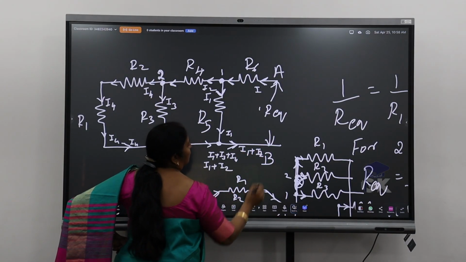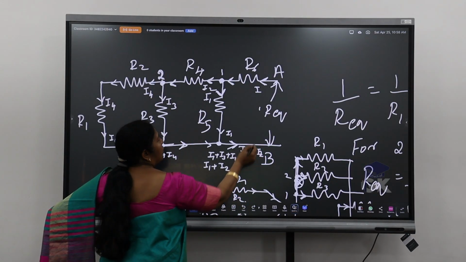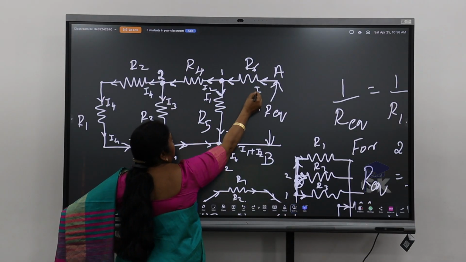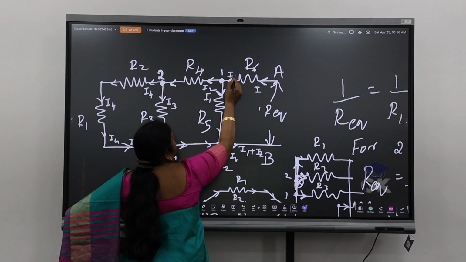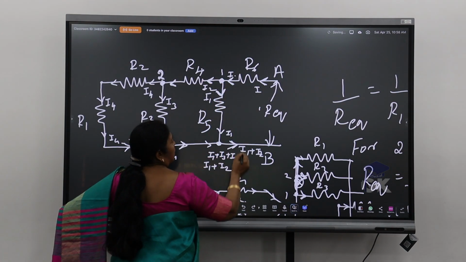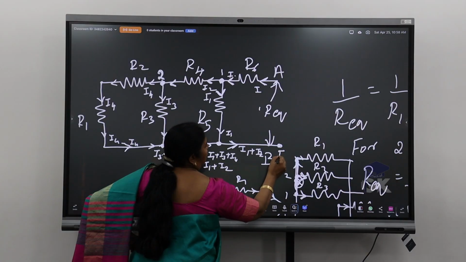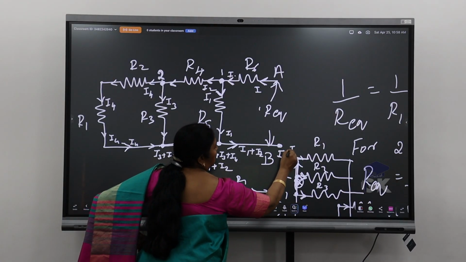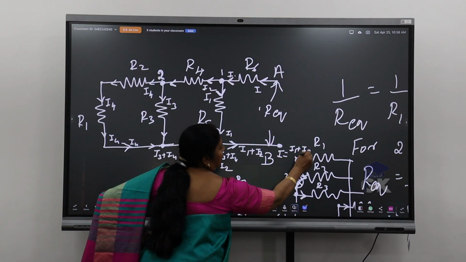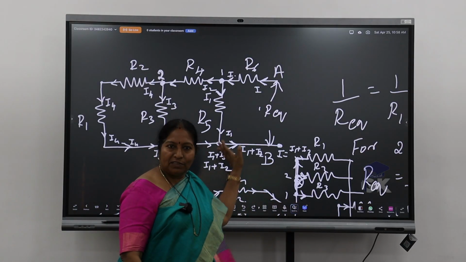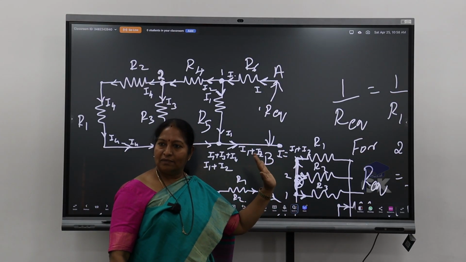Correct? Now what is I1 plus I2 equal to here? I. This I is getting divided into I1, I2. Now I1 plus I2 is coming back. So again what is I equal to? I1 plus I2. Correct? Whatever current the source is giving, it will just flow and come back as the same current.